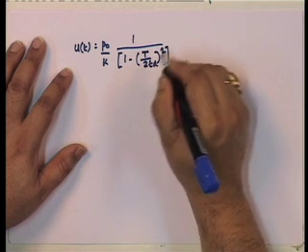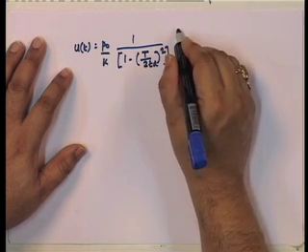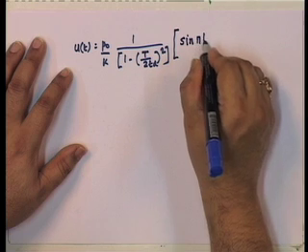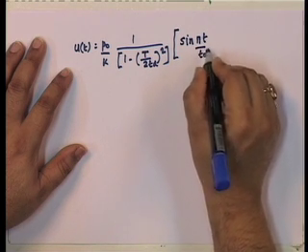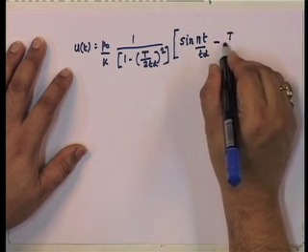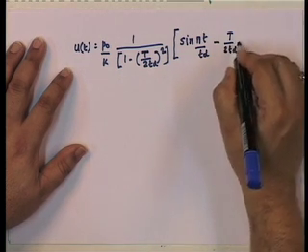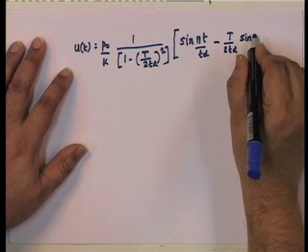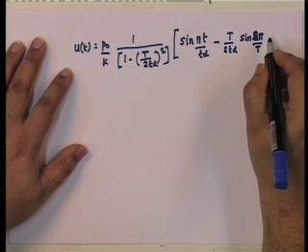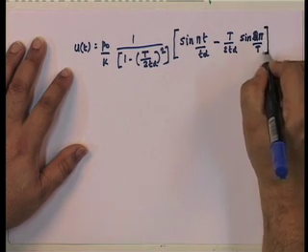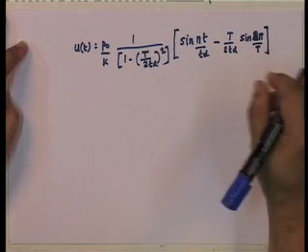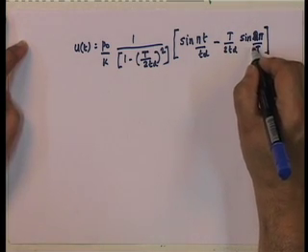Inside I have sin(pi t upon T d) minus T upon 2 T d into sin(2 pi t upon T).